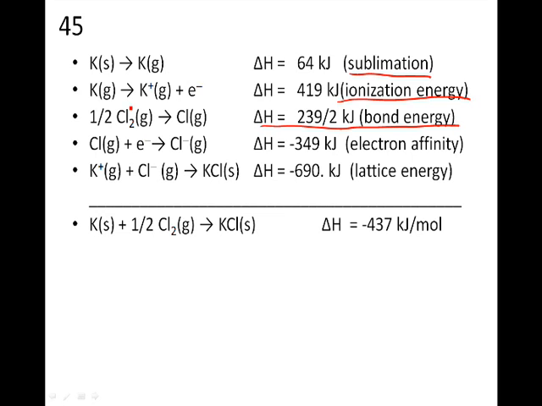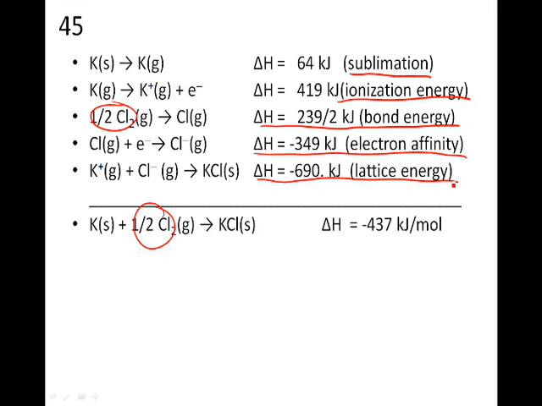Now notice here we're only going to do half of a Cl2 because that's what we have down here in our final equation that we want to have balanced. And then we have the negative change in enthalpy when the electron is added to the chlorine atom to make a chloride ion. And we have the lattice energy, the energy that's released when these things come together because they're so attracted to each other.